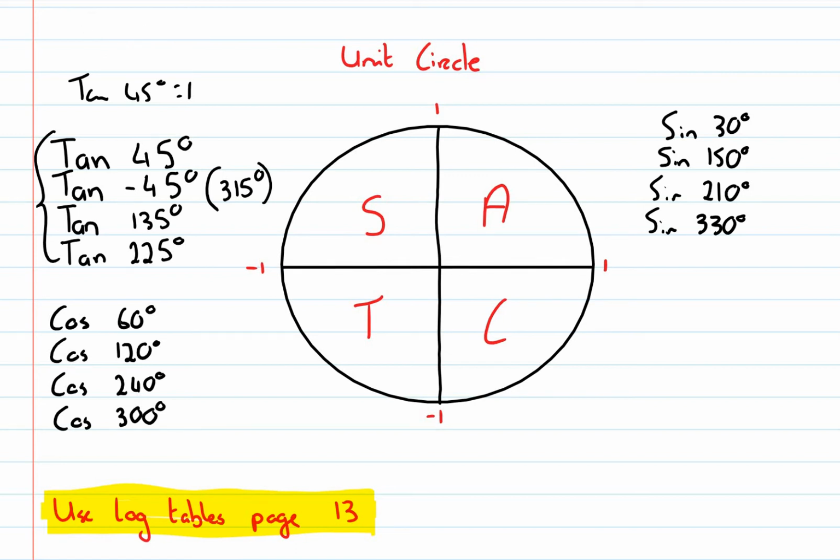Okay, so let's look at this 45 degree angle. We're going to put it here. Okay, we draw a line down, draw a line across. We can see that the distance from here to here is the same as each other. And if we put those distances over each other, they will of course be the same as each other, so we get an answer of 1. So that's why the tan of 45 is 1.